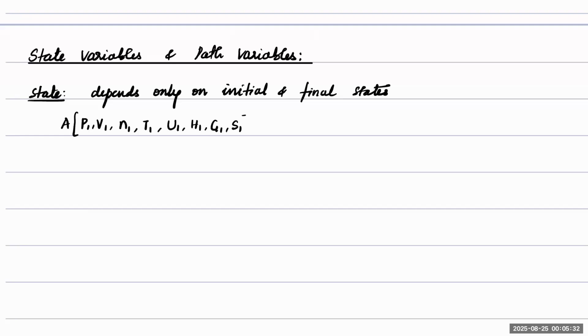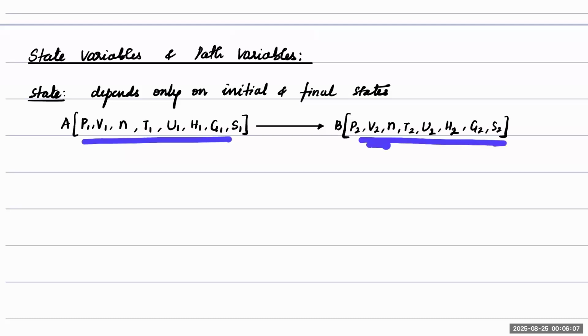These are all its state functions at a point A. And as it changes to a point B, where it has pressure P2, volume V2, let's say we are not changing the number of moles, so number of moles are same. Temperature is T2, internal energy is U2, enthalpy is H2, G2, S2, all of this. Even if one of these variables is changing, then we say it is a new state.